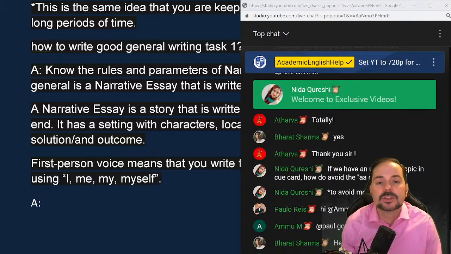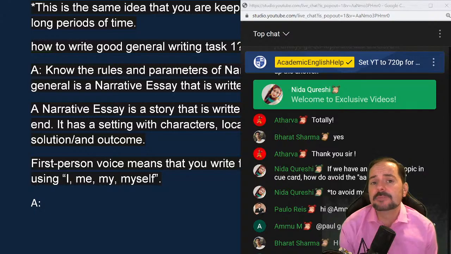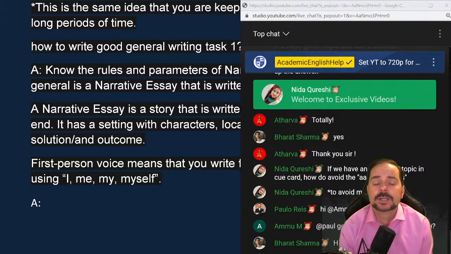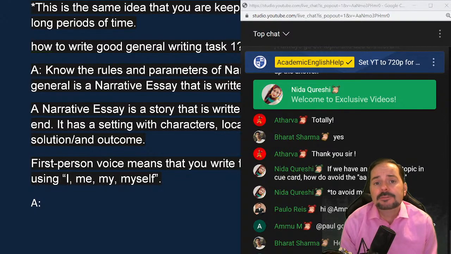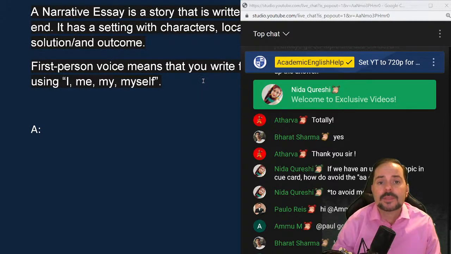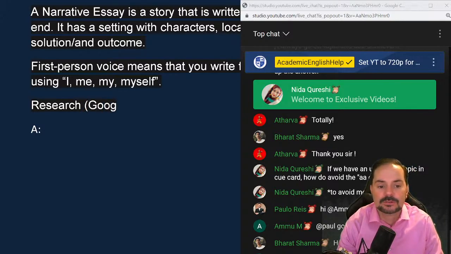So you're telling the story from your position in most general IELTS Task 1 essays. So you have to understand this. If you don't understand narrative writing, if you don't understand first person voice, then you have to research that. So if this is new for you, then research it. And of course when we say research, we often say Google, right? Good narrative writing.